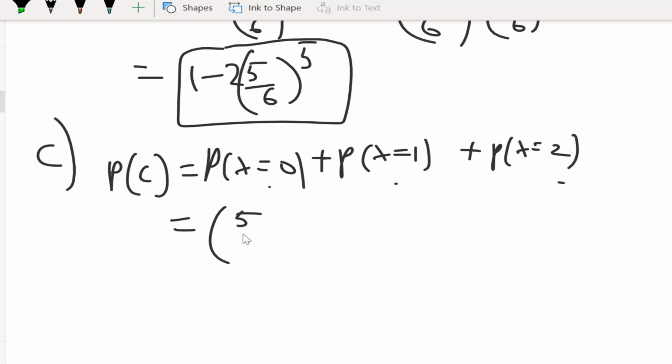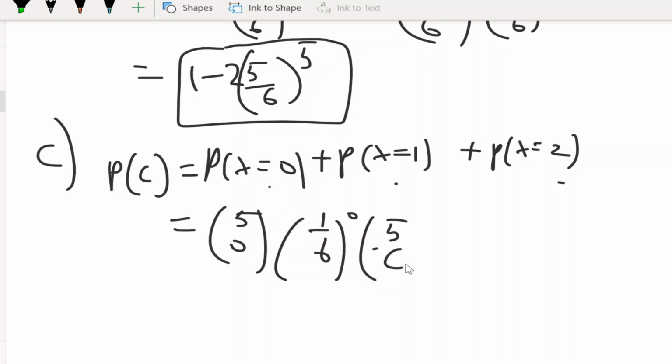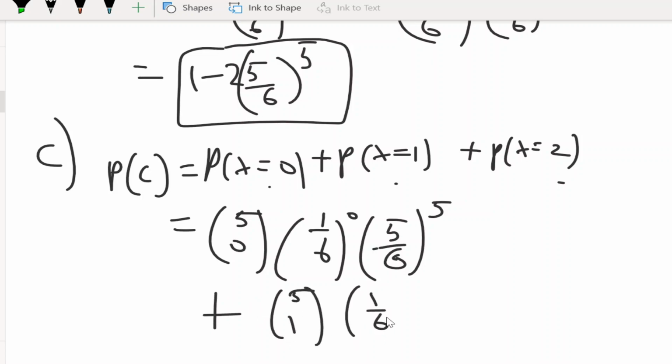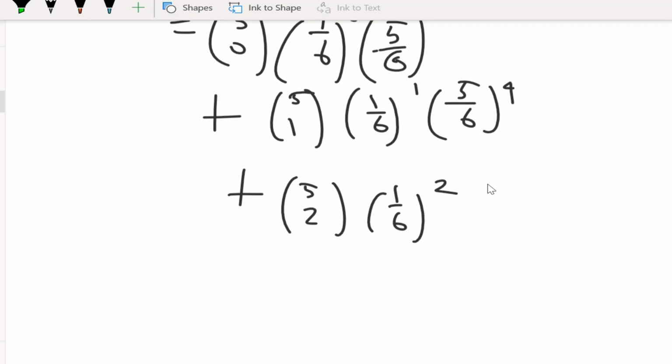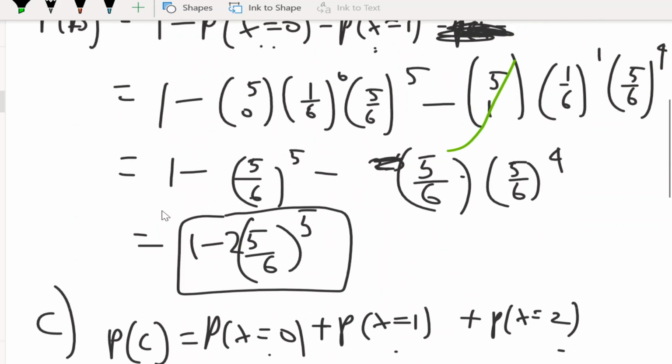It's the exact same thing. I'll just speed through real quick. Oh man, it's so tedious. I'll write this. I'm not going to simplify that, but that's our answer.